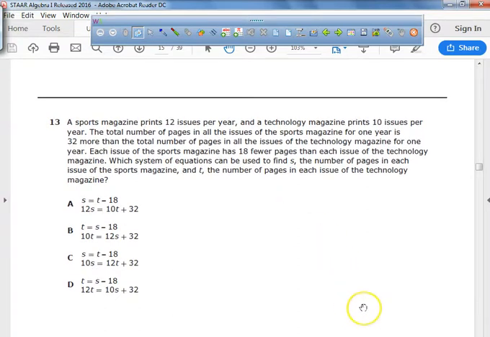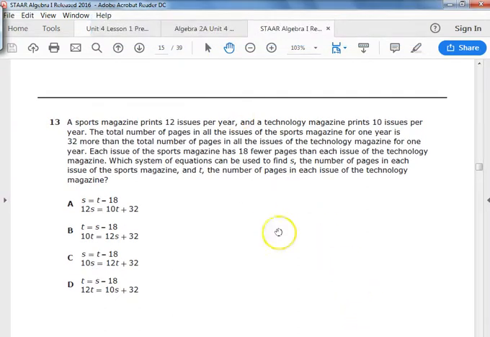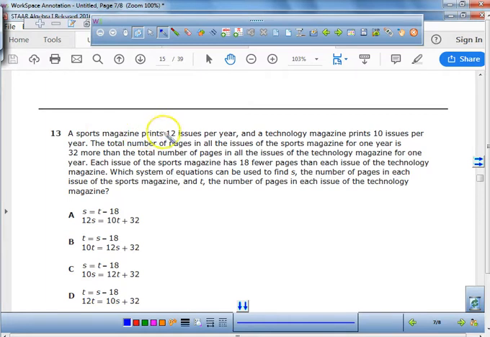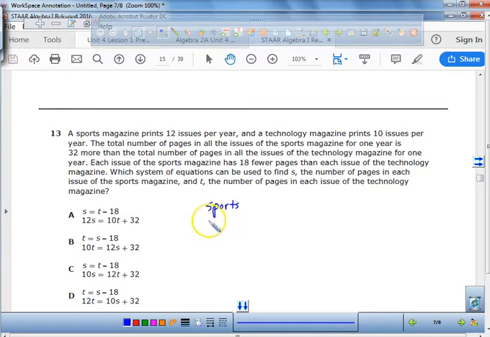Alright, number 13. Okay? Number 13 says, a sports magazine prints 12 issues per year, and a technology magazine prints 10 issues per year. So whenever I'm doing a word problem like this, I always write stuff down. Sports is how many per year? 12. And technology, let's put tech. Tech is 10. Alright?